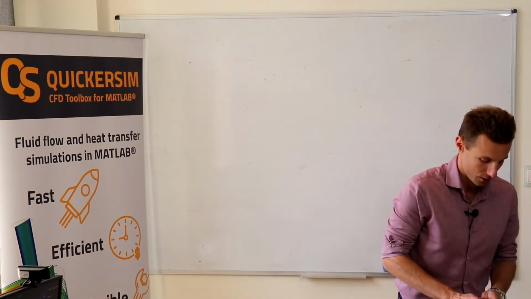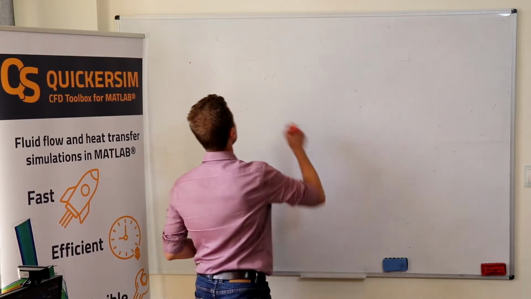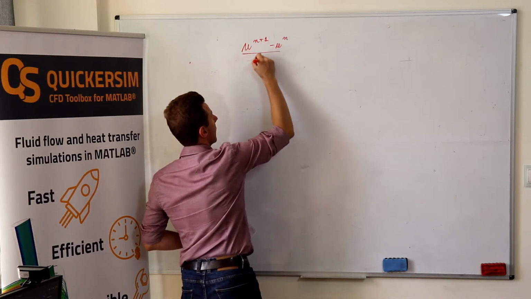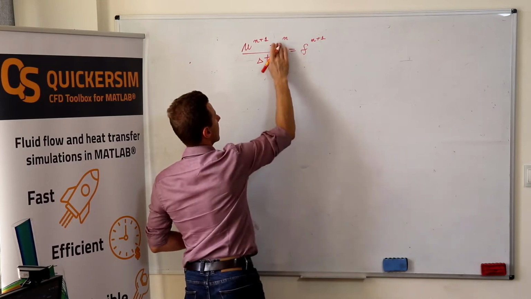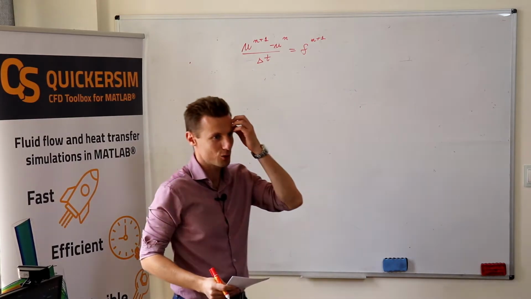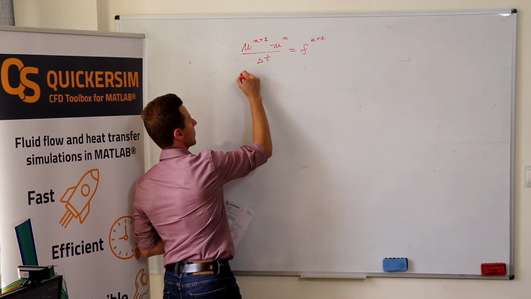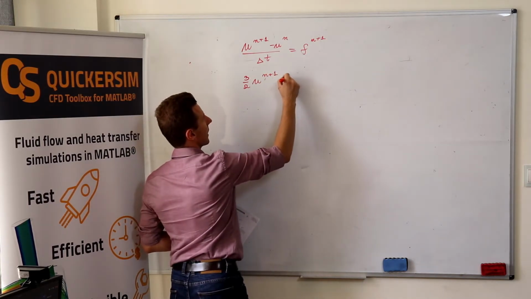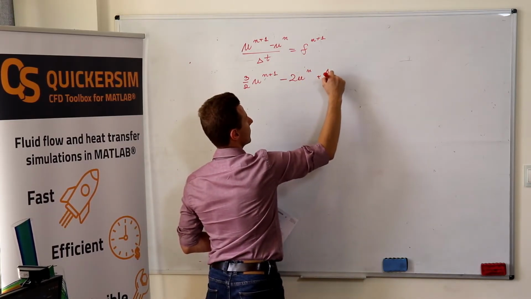So I just want to give you one more idea. Instead of using the implicit Euler method, which looks like that, I strongly encourage you to move to the second order scheme with respect to time, which would be simply using the second order discretization of the time derivative.